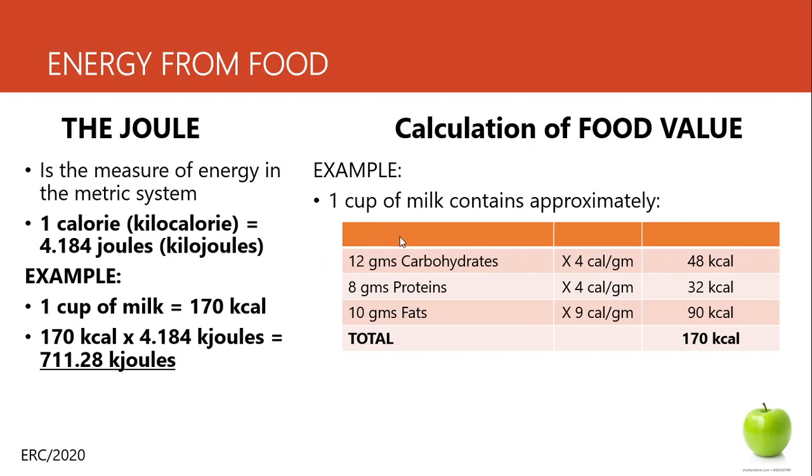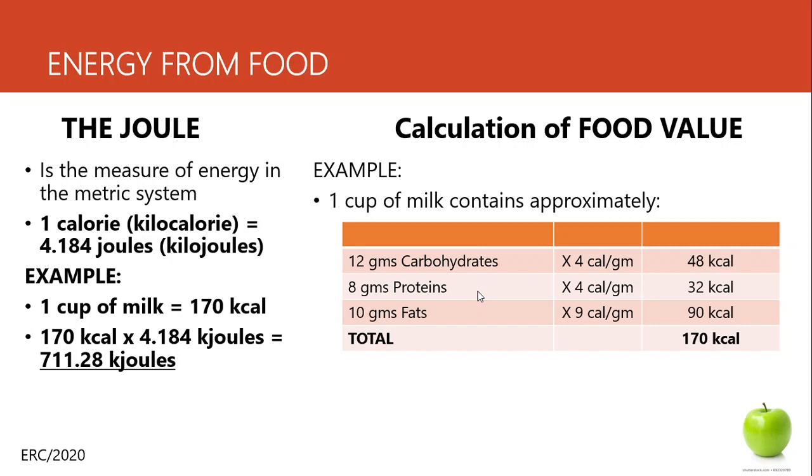So 12 grams multiplied by 4 kilocalories per gram, we have 48 kilocalories for the carbohydrate, and 8 grams of protein multiplied by 4 calories per gram, we have 32 kilocalories. Then 10 grams of fats multiplied by 9 calories per gram, we have 90 kilocalories. So a total of 170 kilocalories.